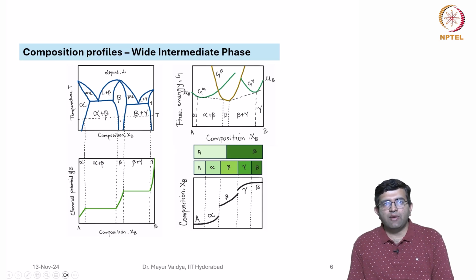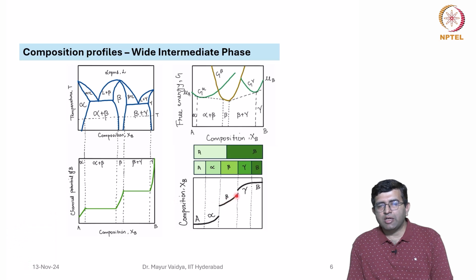Remember the beta phase composition starts from here. Even in this mixture, remember the composition of beta is only here. So, the composition of beta is represented by this point. Therefore, what you will see is a jump in the composition. Here it will come to this point. Then there is again a gradual increase to the point here.